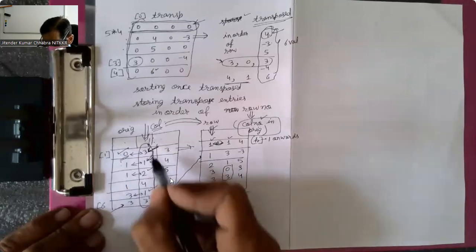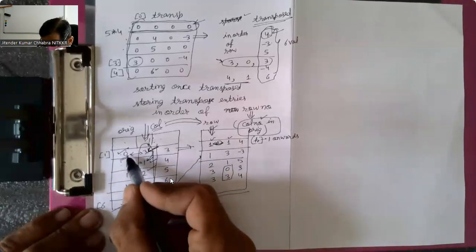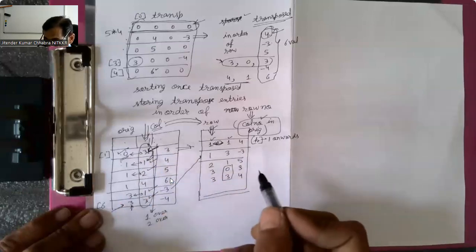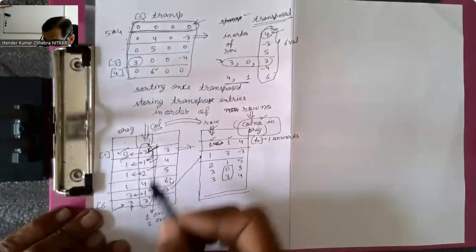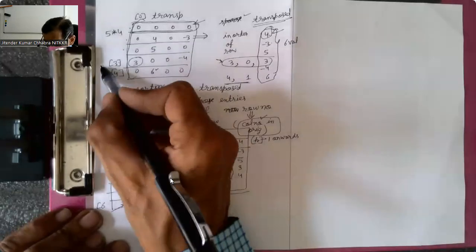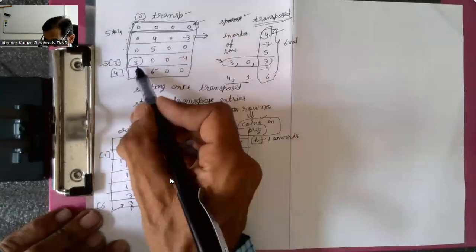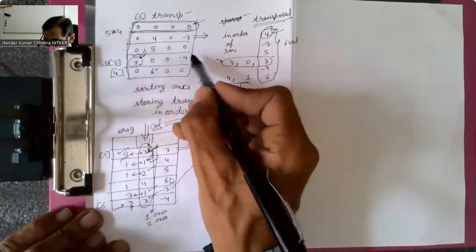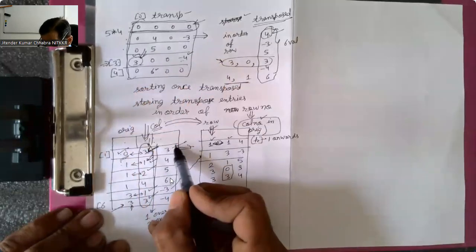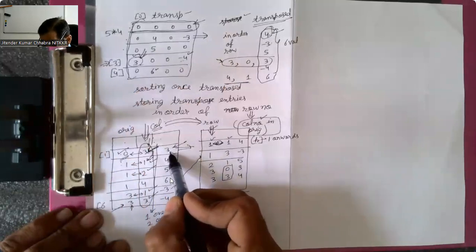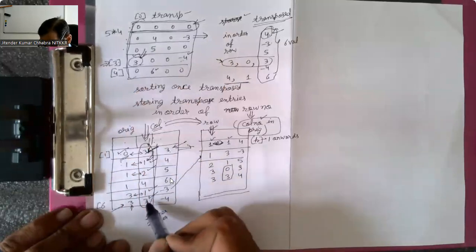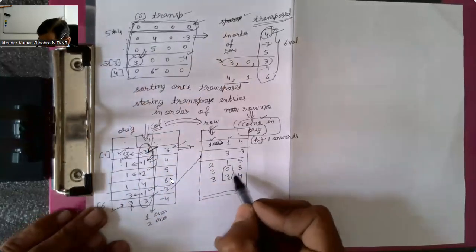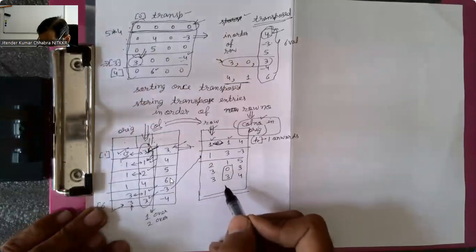For column number 3, there were two values. One had initially row 0, the other had initially row 3. They will become column numbers now. I am talking of column number 3, which has become row number 3 in the transpose. In 3, I have entries 3 and minus 4. I must ensure 3 is stored before minus 4. And in the original matrix also, it was guaranteed that this was stored before for the same column number, because they were ordered automatically that way. So knowing that, I can say this is also automatically guaranteed.